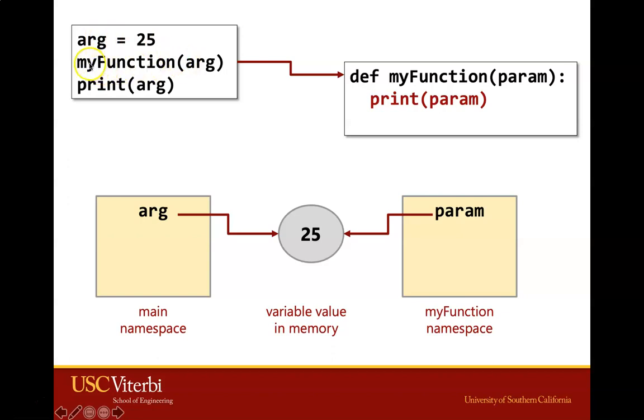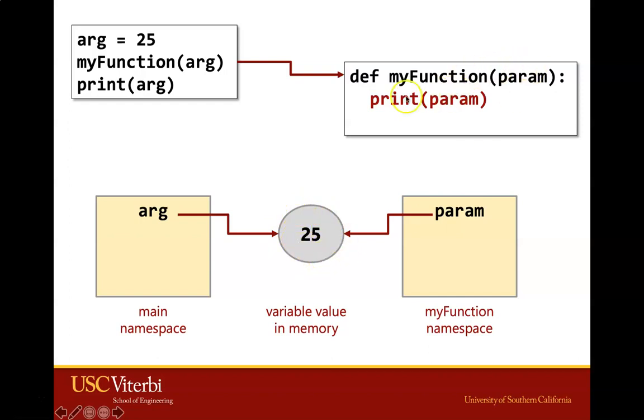We're going to pass it to its parameter. Parameter is now equal to 25, so we have parameter and argument both pointing to the same spot in memory.